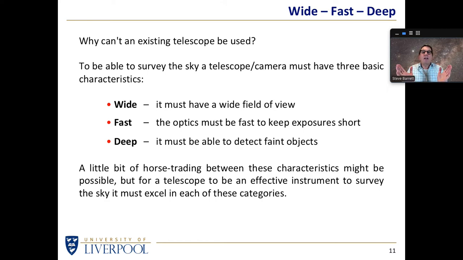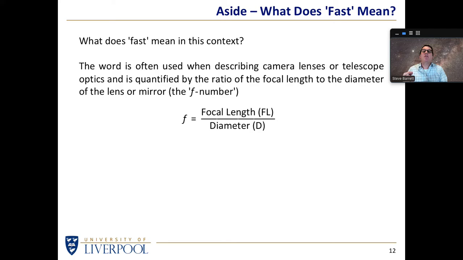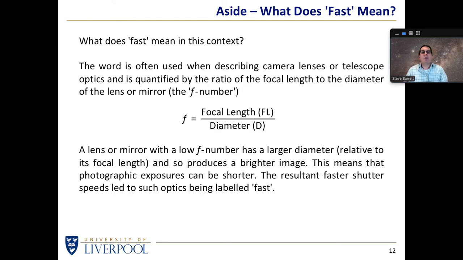Wide angle is fairly obvious, faint objects hopefully fairly obvious, but what do we mean by fast optics? That's perhaps familiar to photographers. Fast in this context means if we quantify the focal length of the optical system divided by the diameter, this so-called F number. If the F number is small, that means we have a large diameter for a given focal length, and that produces bright images.